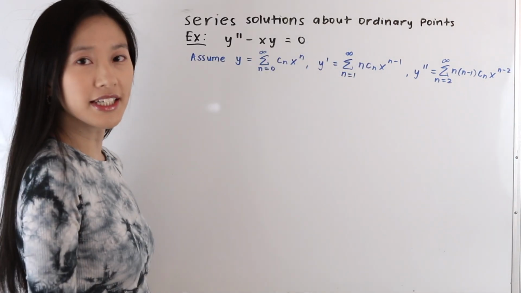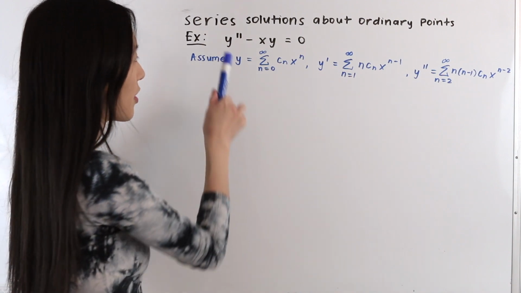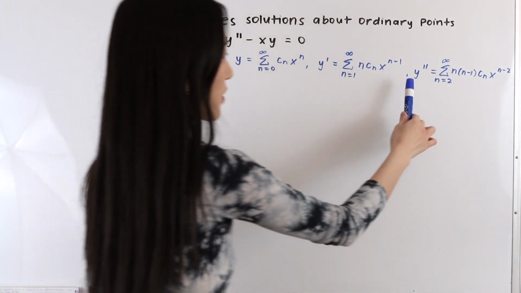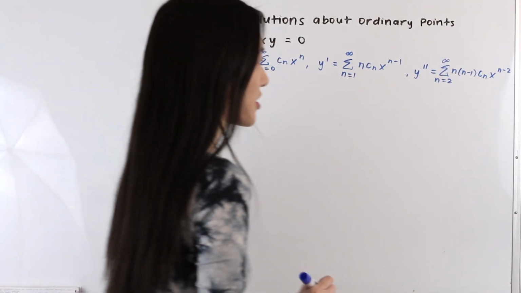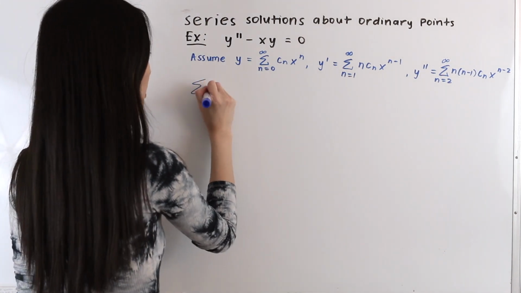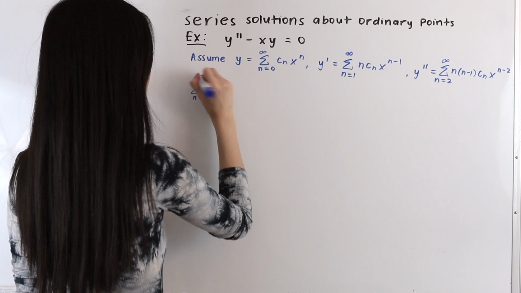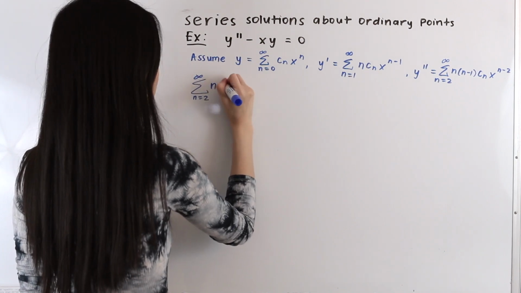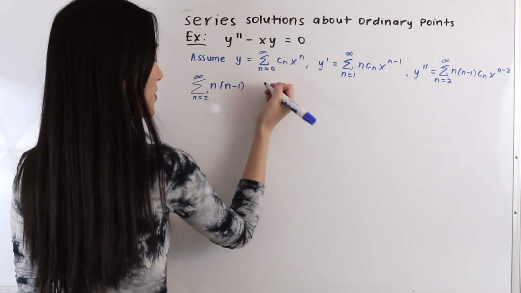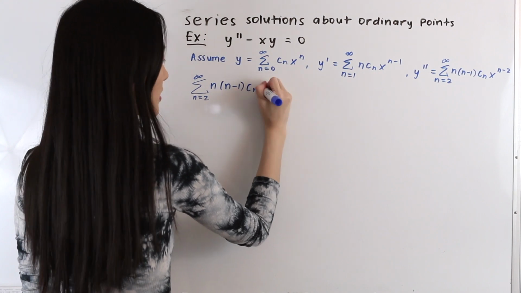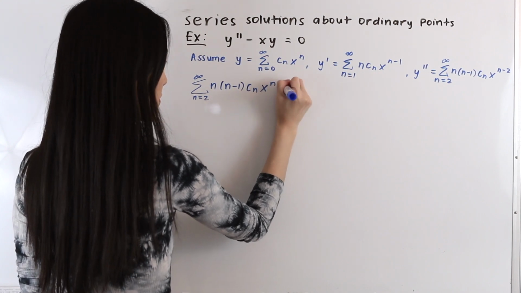And now let's go ahead and plug this into our differential equation. So we have y double prime, which is equal to this thing here: the summation from n equals 2 to infinity of n times n minus 1 times cn times x to the n minus 2.